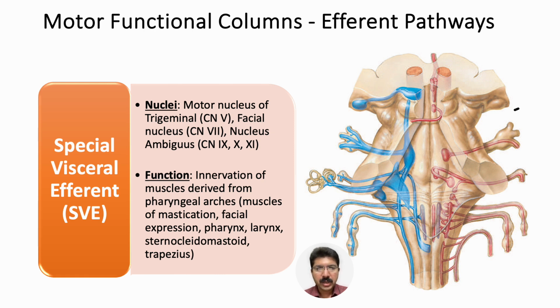These include the motor nucleus of the trigeminal nerve in the pons, which innervates the muscles of mastication, allowing you to chew. The facial nucleus, which is positioned also in the pons, controlling the muscles of facial expression, enabling you to smile, frown, and perform a wide range of facial movements.